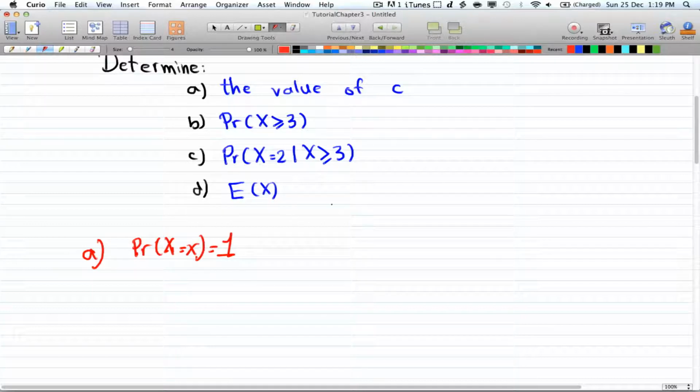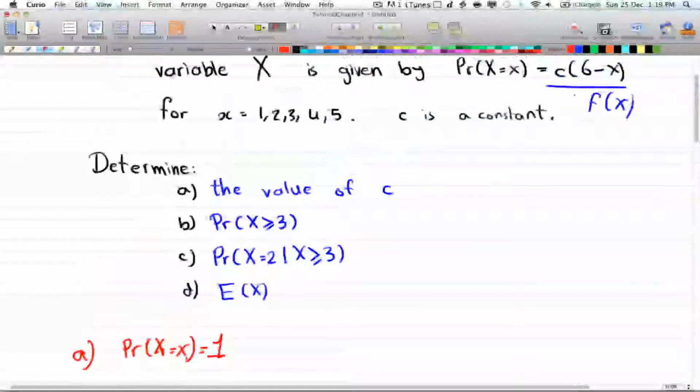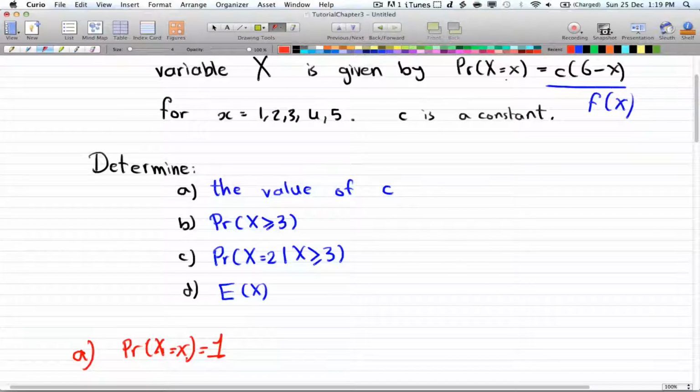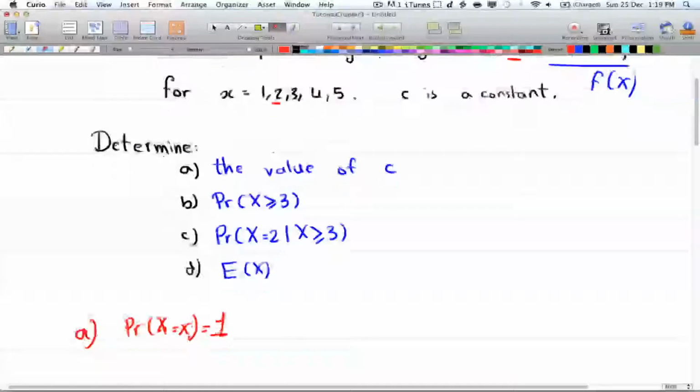So for part A, we have to plug in each number. We plug in 1 instead of x, and that's the probability of x equals 1. Then we plug in 2 into x, and that will be the probability of x equals 2. Then you plug in 3 and so on. So let's plug in the numbers from 1 to 5.